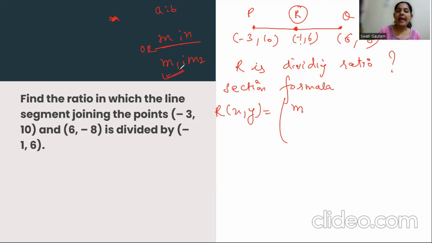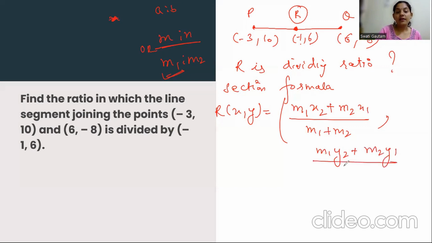You can take m and n also. So what is the formula? m1 x2 plus m2 x1 divided by m1 plus m2, comma, m1 again y2 plus m2 y1 divided by m1 plus m2. So this is the section formula. Nothing you have to do, you just have to put the values, right?